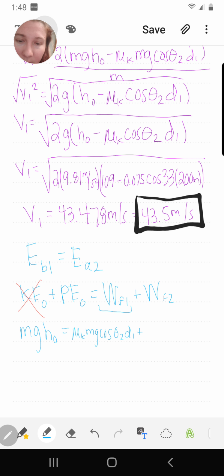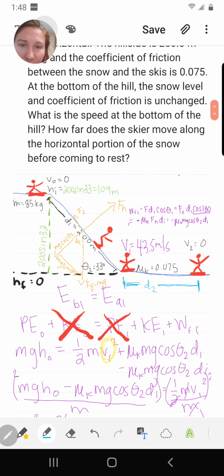Well, we do know that friction is being performed. So I'm going to write this work down here. Same thing, force times distance, but we're doing distance 2.